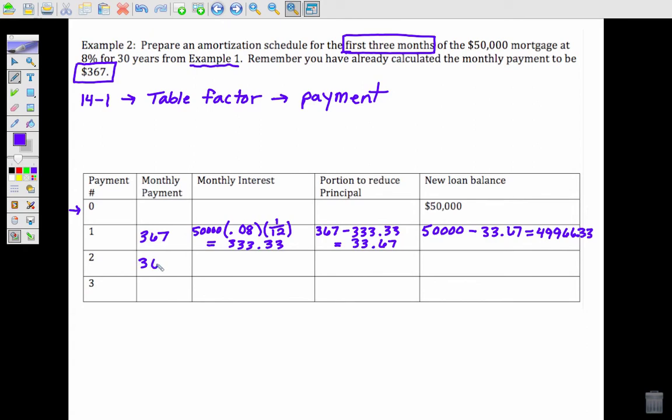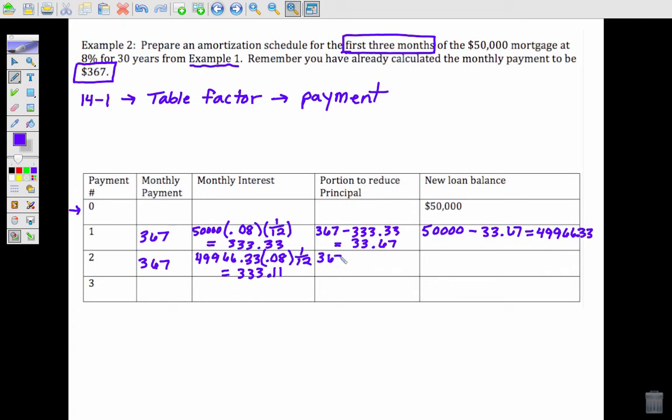Our second payment is still $367. That payment doesn't change. It's a fixed payment for the 30 years. Now my balance is $49,966.33. Still multiply by the 8% interest and the 1/12, and this gives us interest of $333.11.